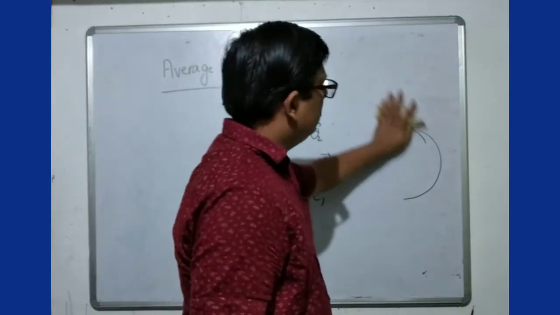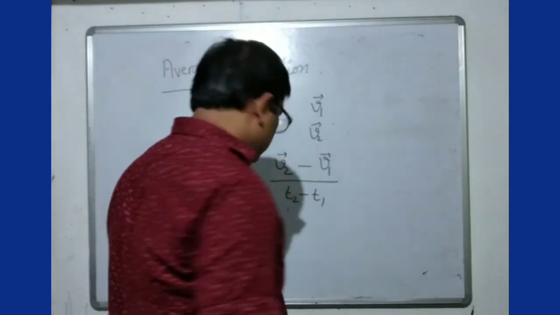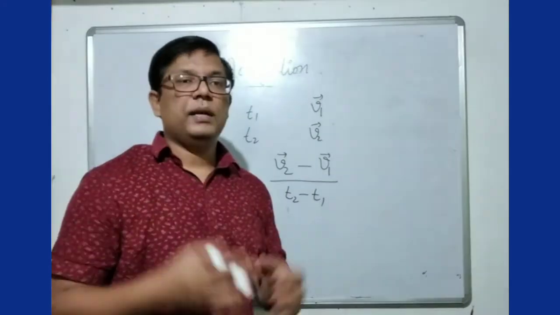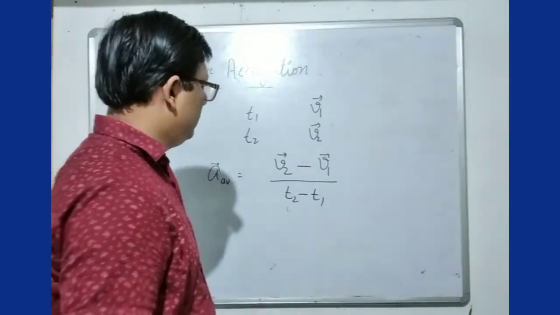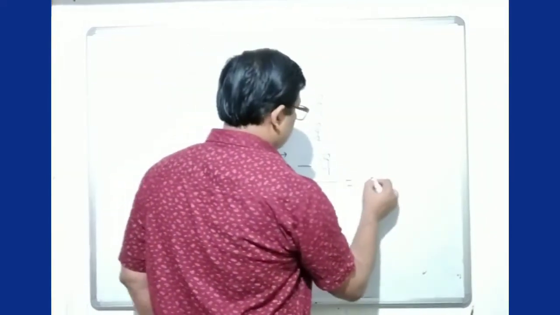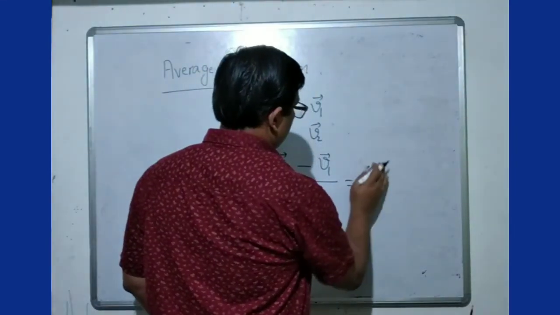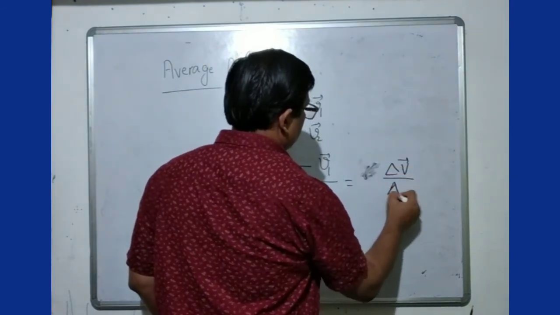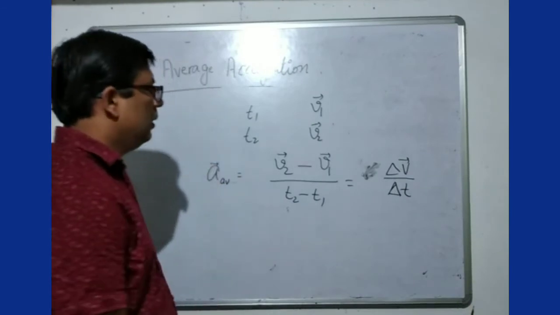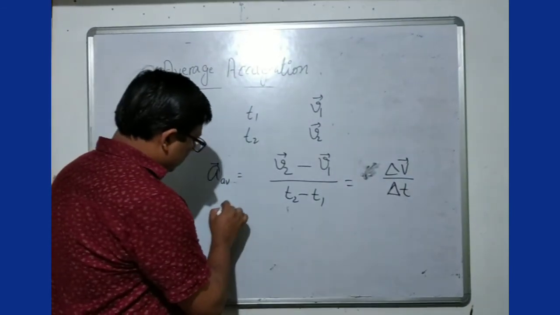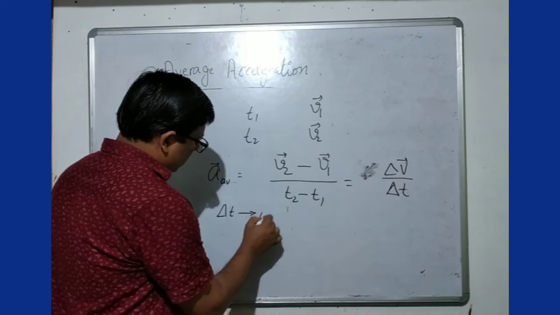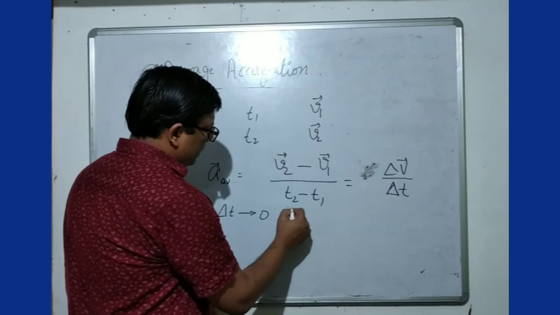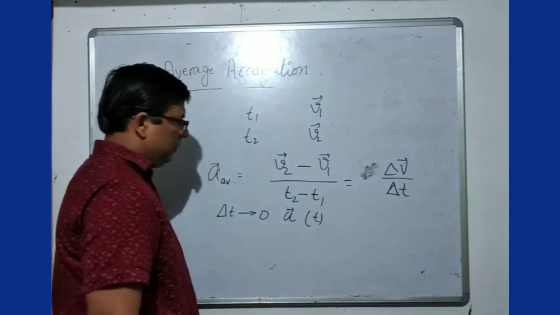Now, like velocity and speed, what will be the acceleration at a particular point of time? So we can write this also as change in velocity by time interval. When del t becomes almost zero, then we will get acceleration at time t.